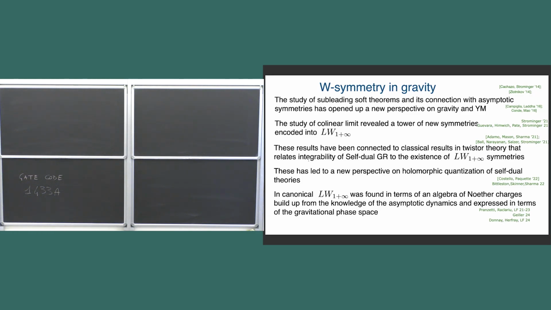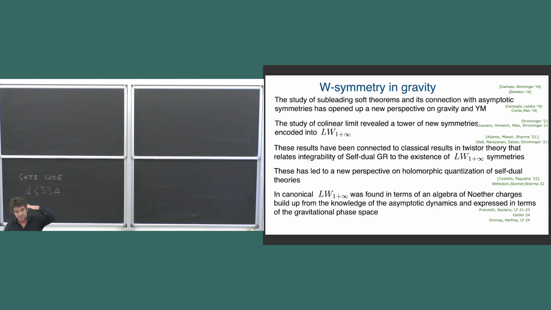But recently, and even that is not yet completely understood, is how much we can use BMS symmetry to construct the proper asymptotic states. At the same time that people are working on trying to understand how to use BMS symmetry in properly defining the S matrix and the amplitude, we also realized that BMS symmetry is just the beginning of a long tower of asymptotic symmetries.